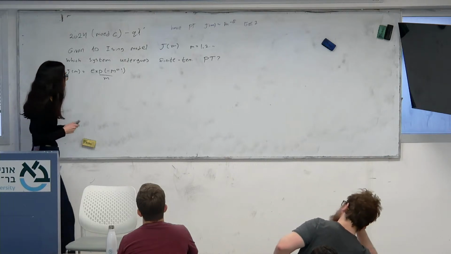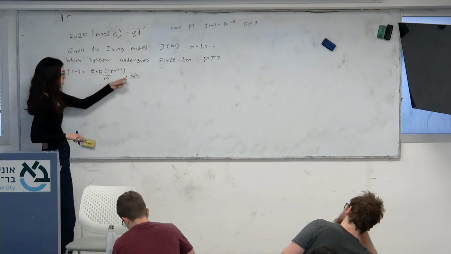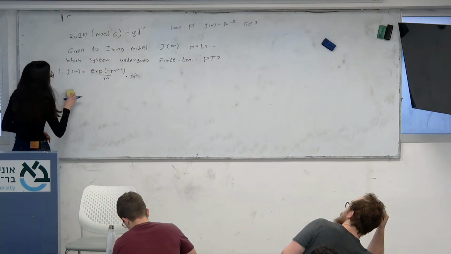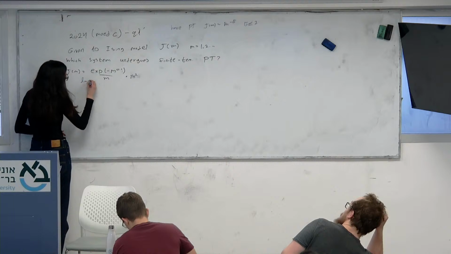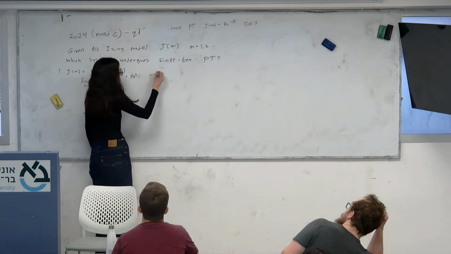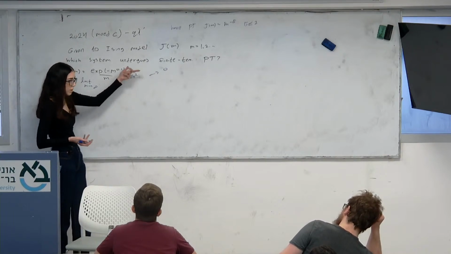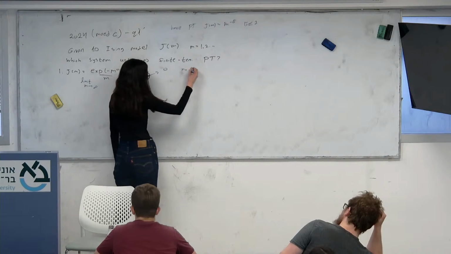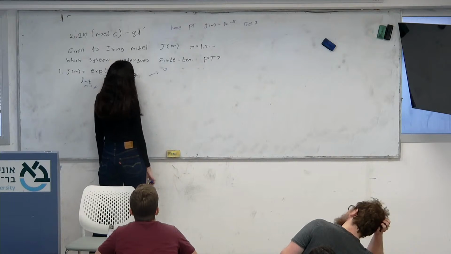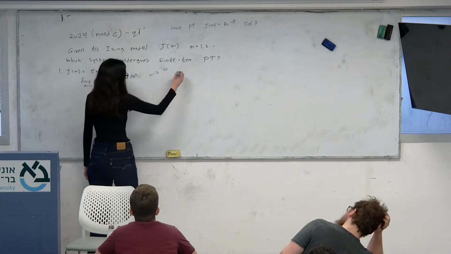Let's do it here. We want to take this expression, and in the limit of m going to infinity, if that expression goes to 0, it means that it decays faster than m to minus 2, then there is no phase transition.